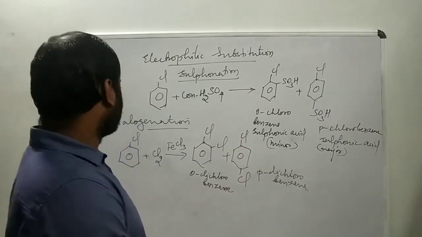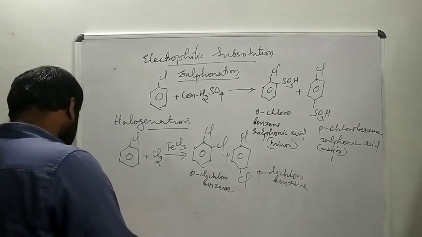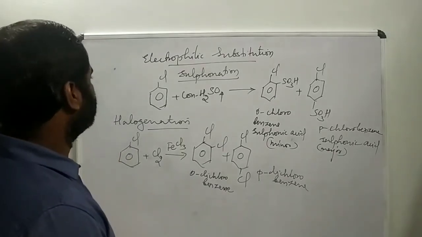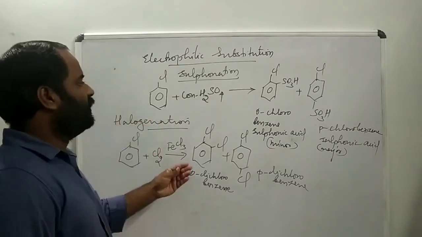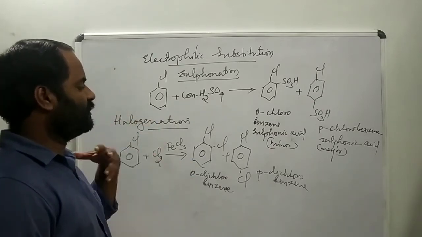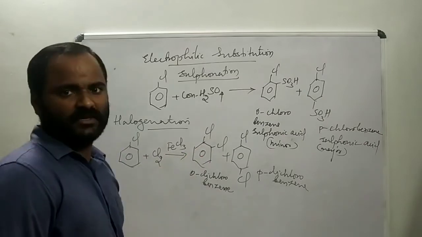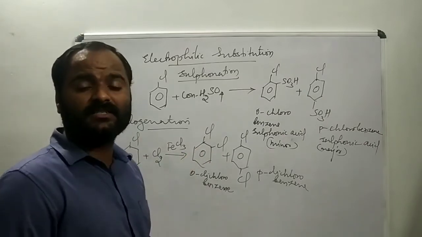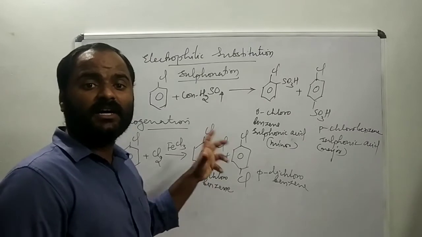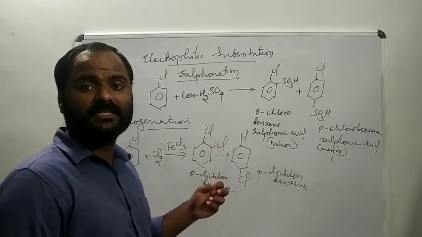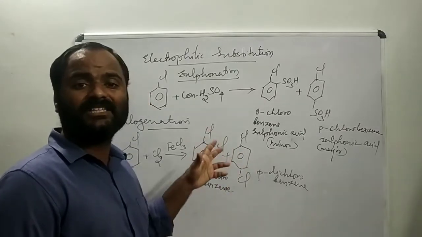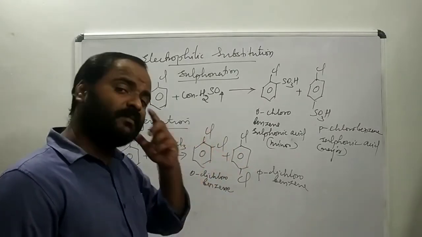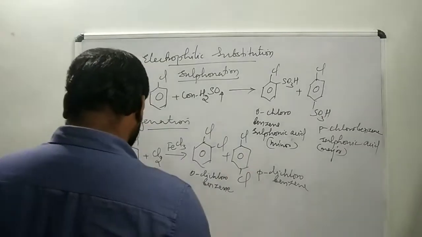So that is all about the halogenation reaction. Here we can see that all the substitution takes place at ortho and para positions. The reason we have already discussed: because of the resonance structures, at ortho and para positions you have negative charge.